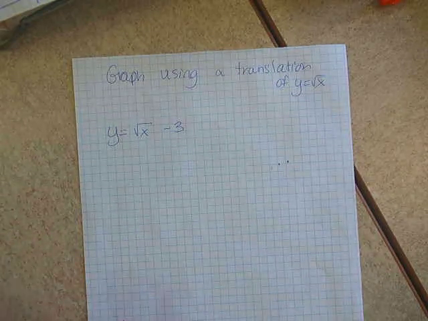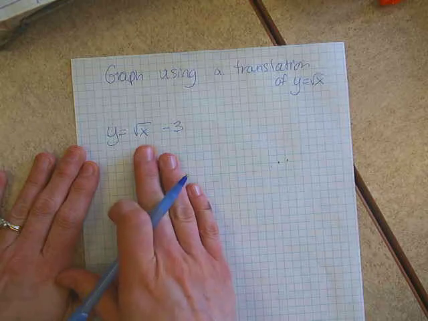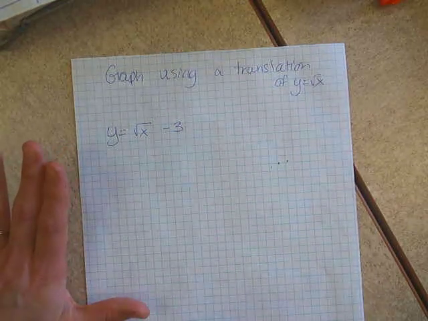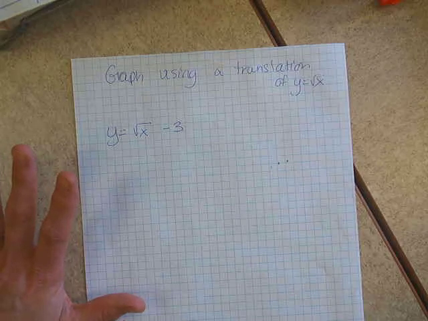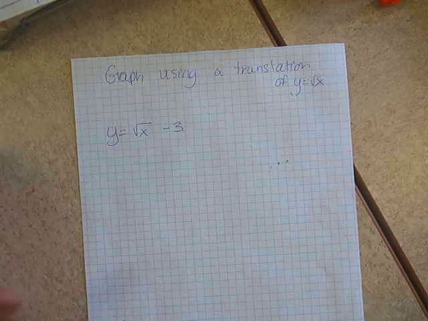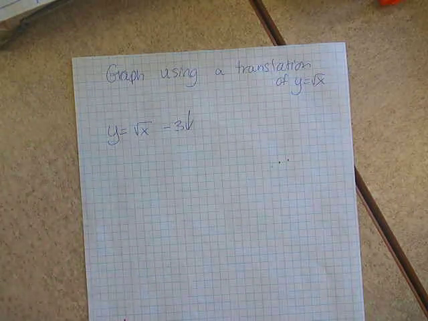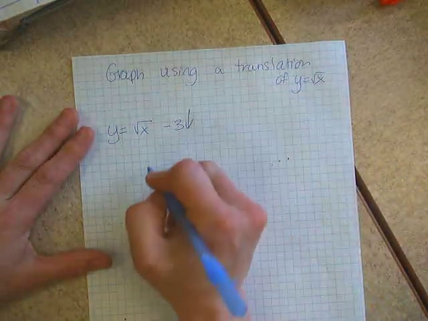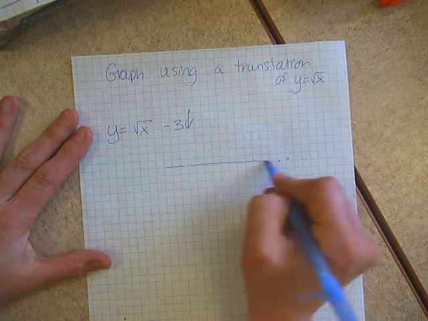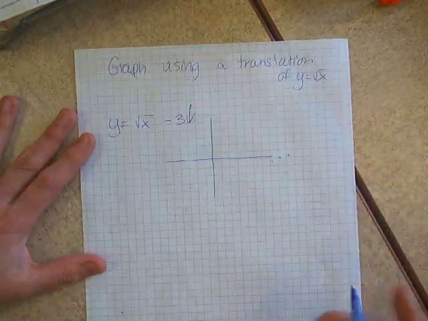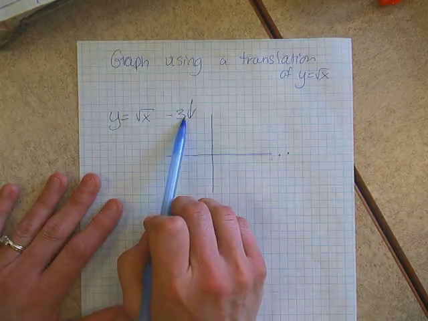So the first one we're going to look at is that. And for me, usually the arrows are pretty helpful. So when I look at this, is that going to shift up, down, right, or left? It's outside, which is vertical. So it's going to go down 3. Outside is up and down.